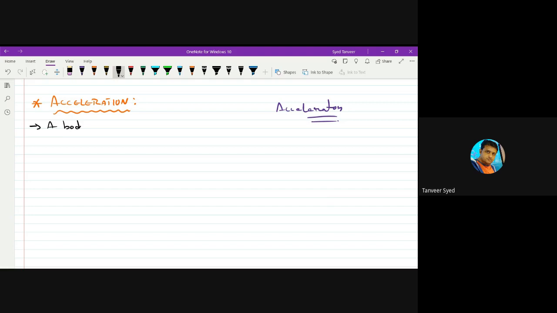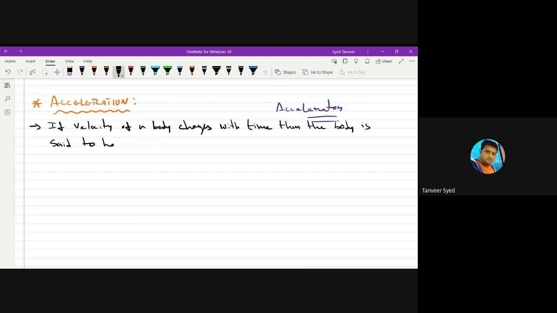I will write it this way: if the velocity of a body changes with time, then the body is said to have acceleration.